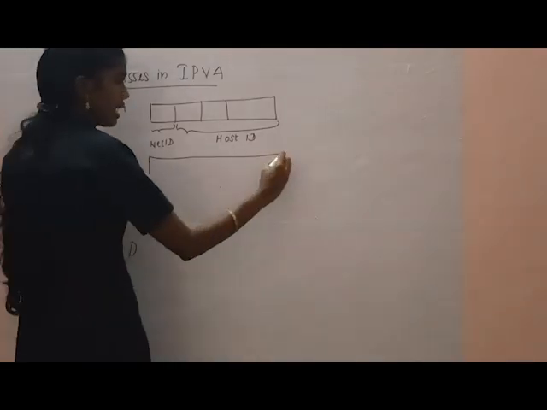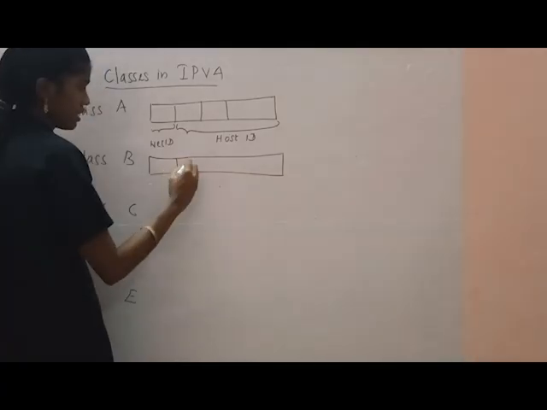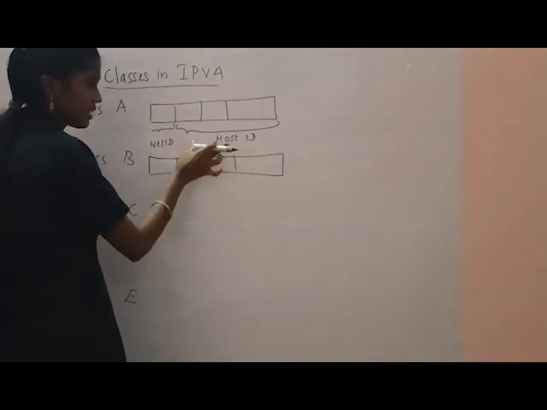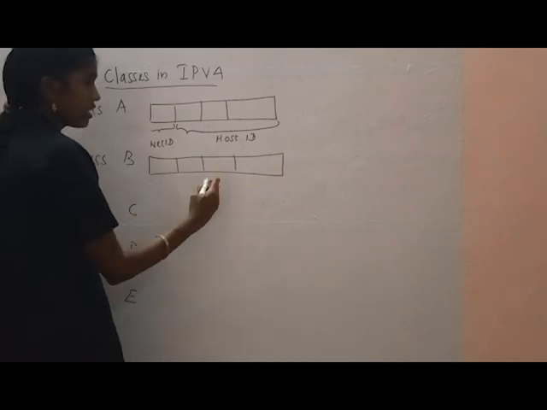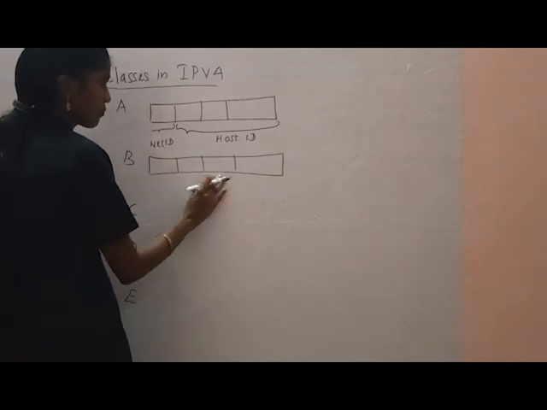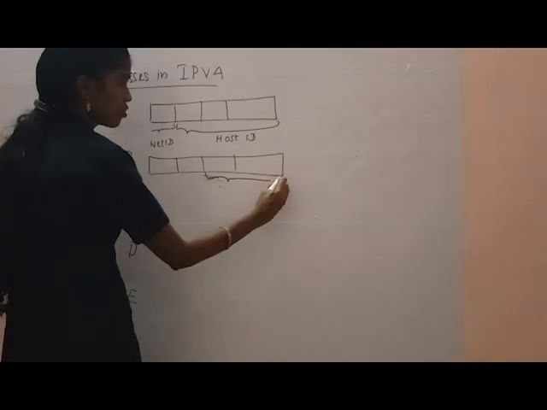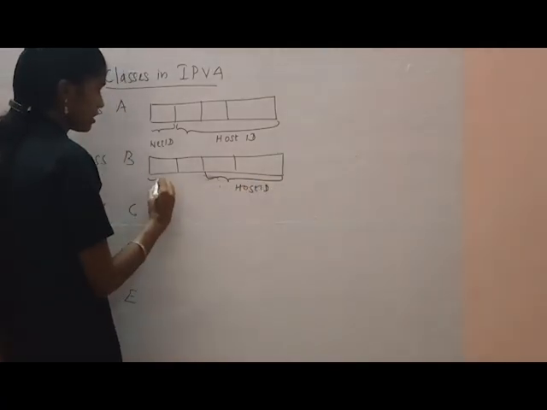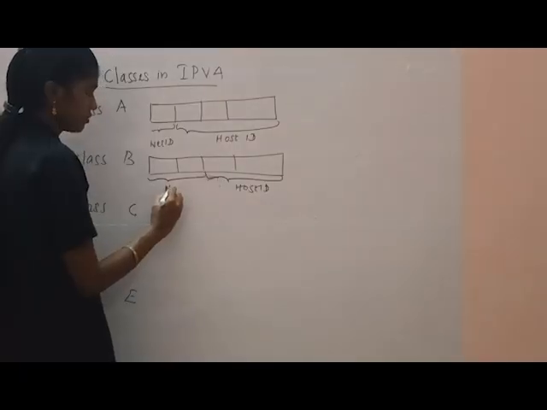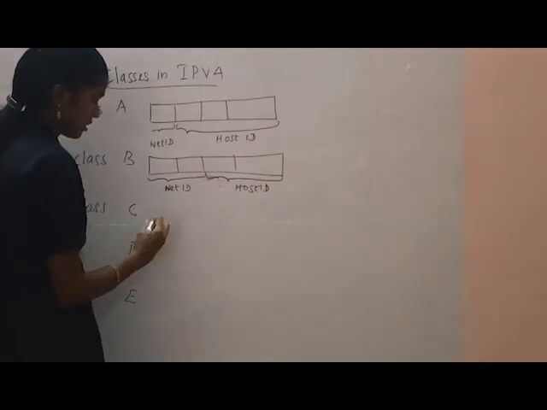Likewise, we have the classification for the next class, Class B. Now these 2 portions will be occupying host ID and these 2 will be occupying net ID.